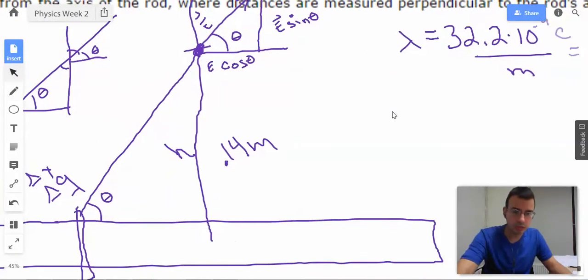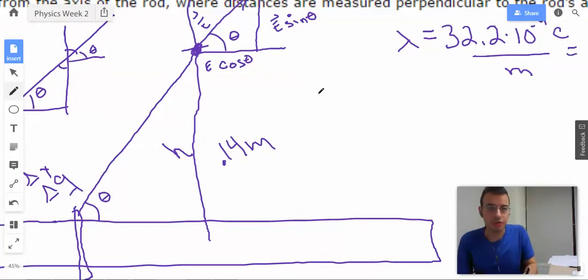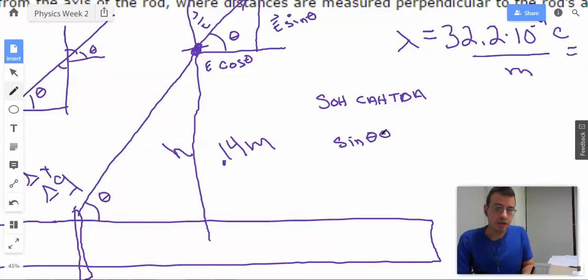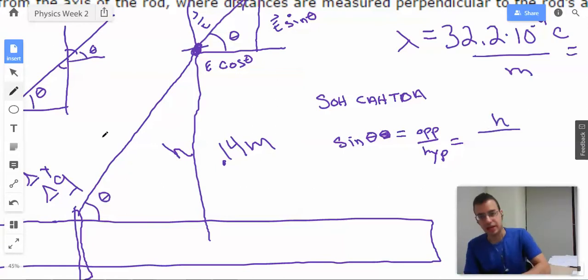So going back to SOHCAHTOA, we know that sine of theta equals opposite over hypotenuse, which equals this guy here, opposite, which would be H, over hypotenuse, which is this guy.